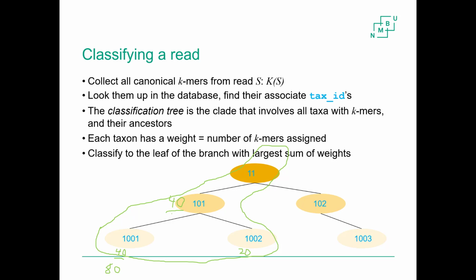It passes through here with 40, and then goes down here to 20, so it has 40 plus 20, which is 60. And then we can see it's this branch over here that wins, because it resulted in 80 k-mers. So again, this read is classified to this taxon here.